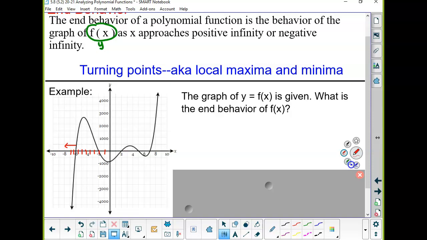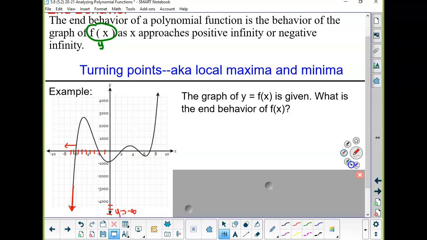So what numbers are we going to get close to if this graph keeps going further and further down? Negative infinity, right? We're going all the way down to the farthest number we could ever go down to, which isn't really a number, but it's a concept. So that means that my y values here are going towards negative infinity.